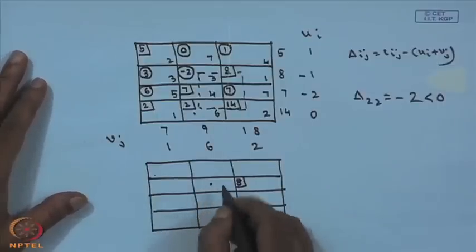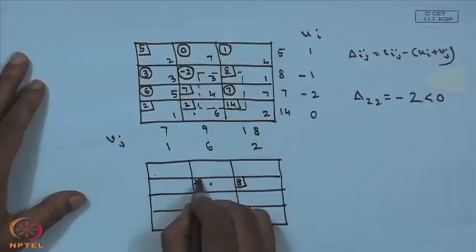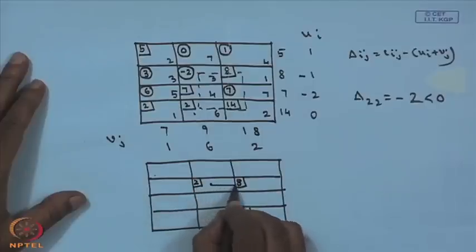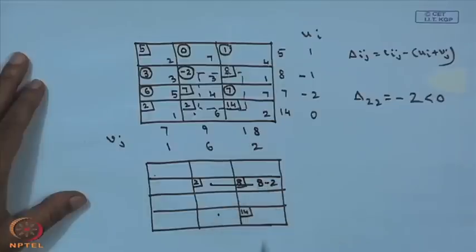So, what do I have to do? I have to move from here, I have to allocate 2 over here. Once you are moving like this, to adjust I have to reduce the allocation by 2.